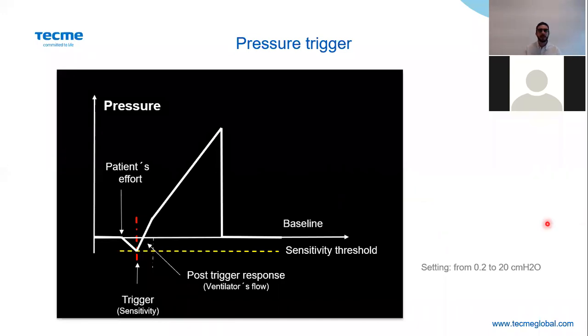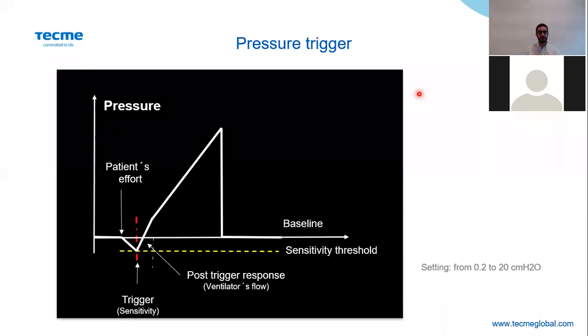Right, so we have already talked about the two biggest classifications: pressure control, volume control. Then we reclassify the ventilatory modes into a spontaneous ventilatory mode or a controlled ventilatory mode. Now we are going to talk a little bit about the sensitivity.